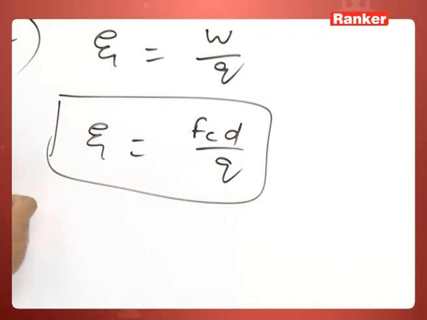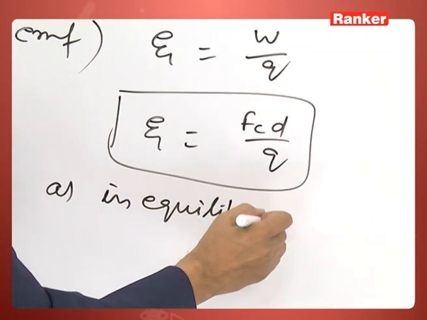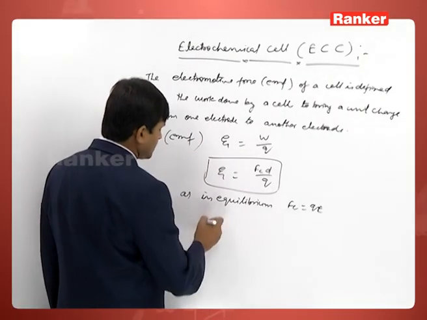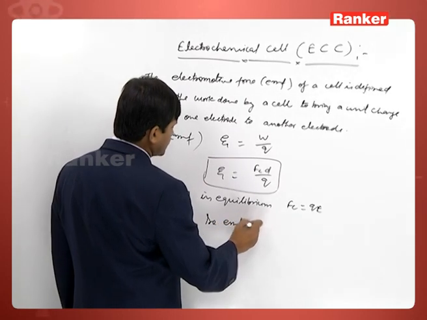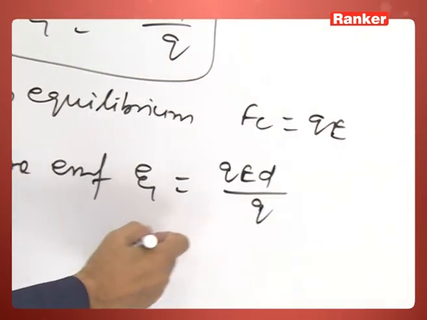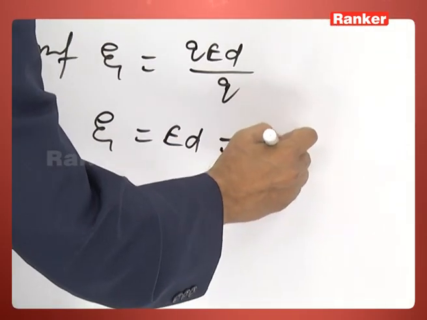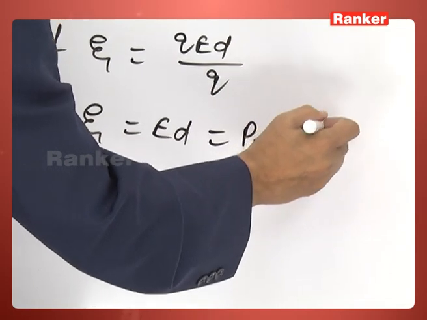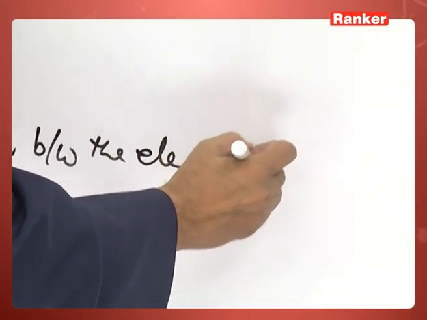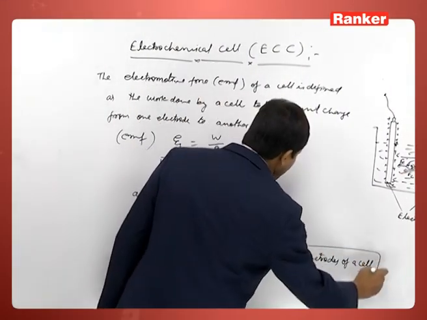As in equilibrium, Fc is equal to Q into E. So EMF is written as QE into D by Q. So EMF is equal to E into D, which is equal to the potential difference between the electrodes of a cell. This is the meaning of EMF.